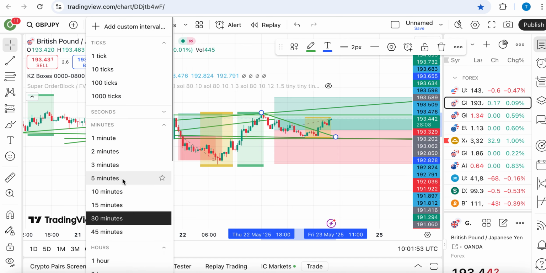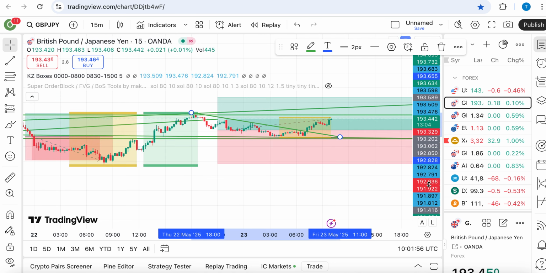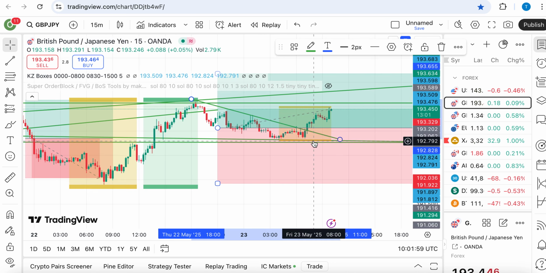That's 30 minutes. Let me go down to 15 minutes so that you can see clearly. You see the 15-minute candle. You could see it has broken this lower high here in this area. So immediately it broke it, I took my trade at this point.